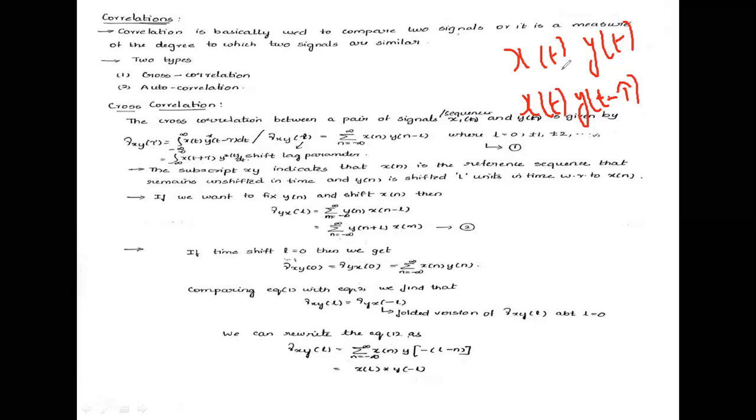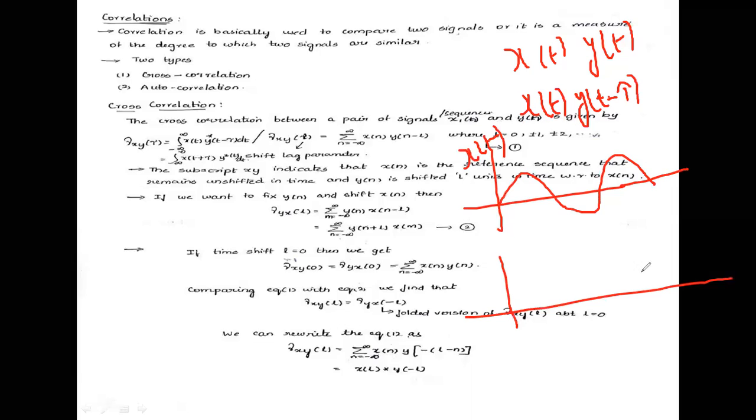When I take the two signals, this is a sinusoidal signal like this as x of t, and y of t is shifted with the tau samples. Then again there is a comparison between the two signals for similarities, identical.